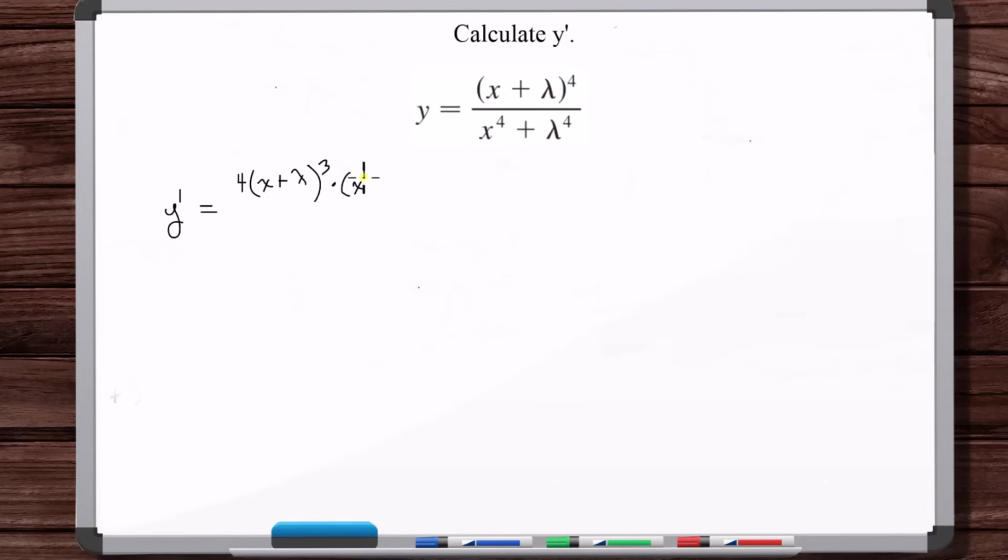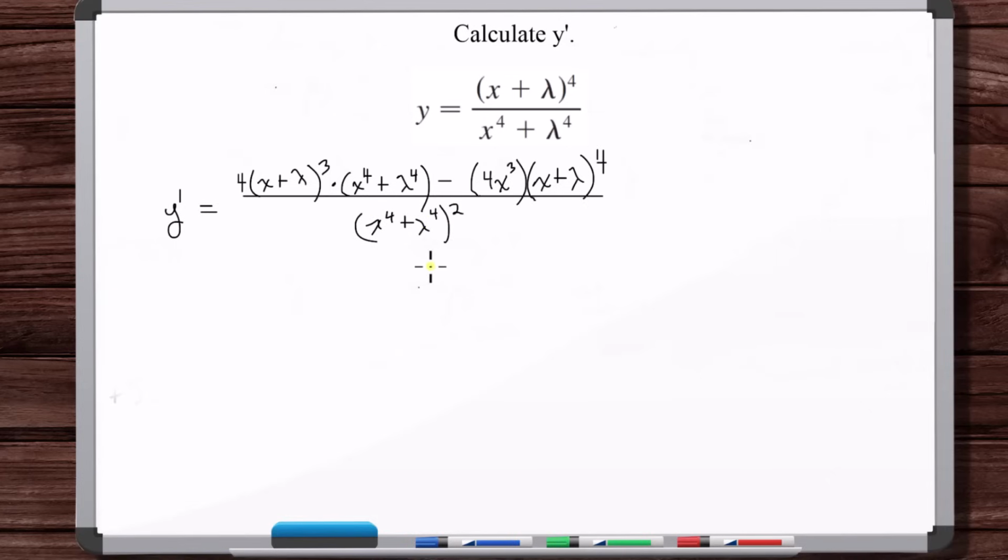times the bottom minus the derivative of the bottom, which is just 4x cubed, times the top, all over the bottom squared. Okay, that's the derivative.